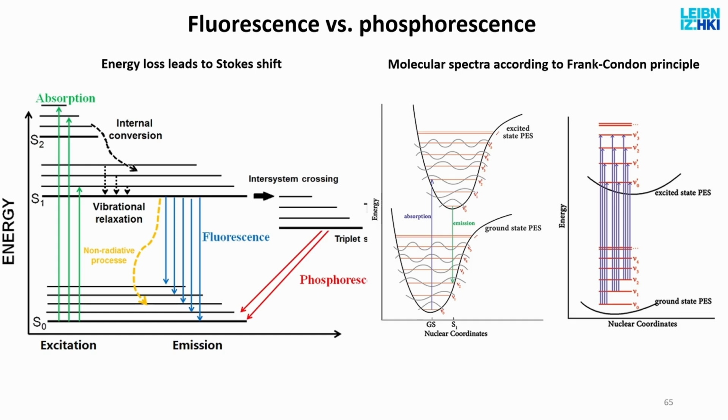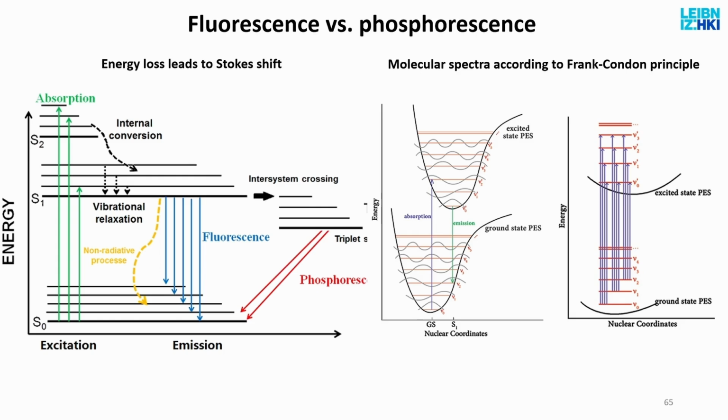And when it jumps, it needs to emit energy, because the energy has to be saved somewhere. So the energy that was stored by the electron has to go somewhere before it can go down. Where does it go? Well, in fluorescent molecules, it will be emitted as a photon.